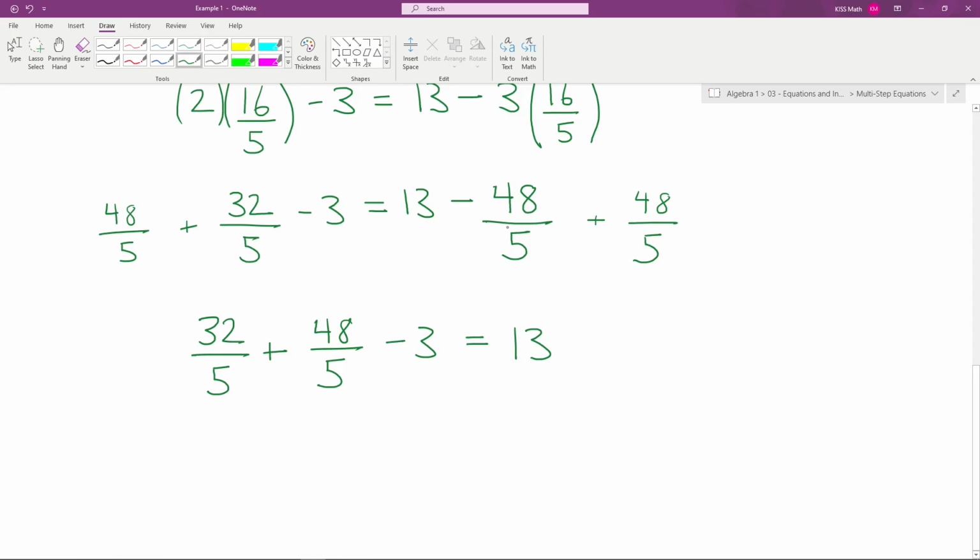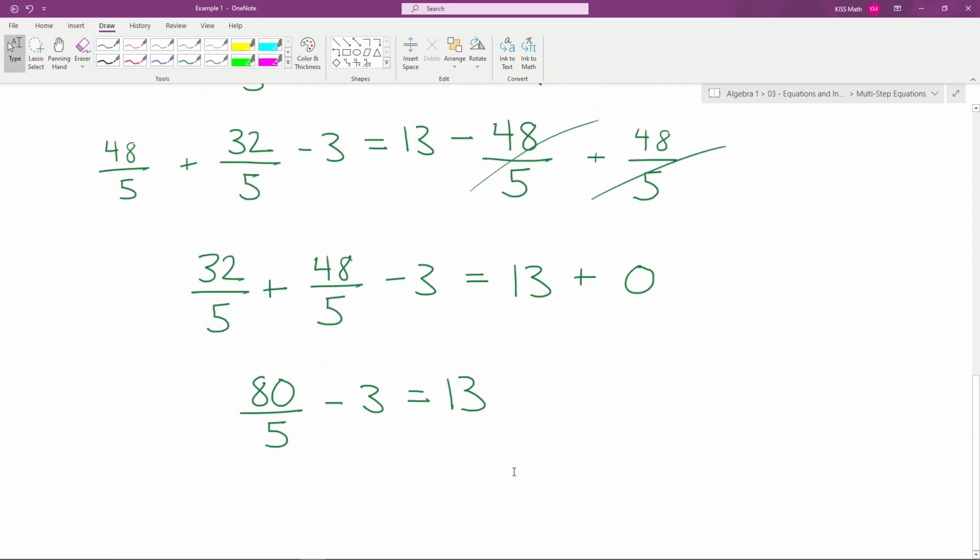This negative and positive 48 over 5 make this a 0. So now I have 32 over 5 plus 48 over 5. Well, they have the same denominator, so I just add up the numerator, and that would be 80 over 5 minus 3 equals 13.